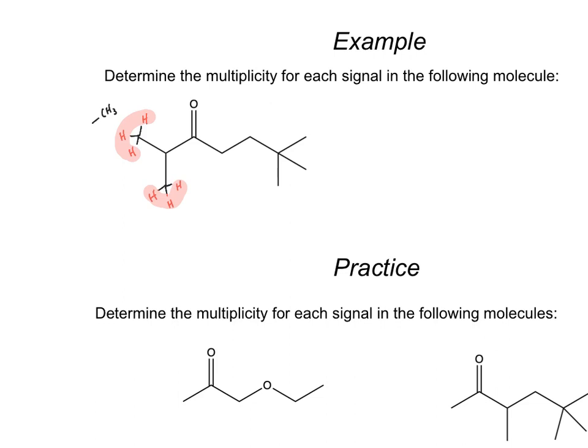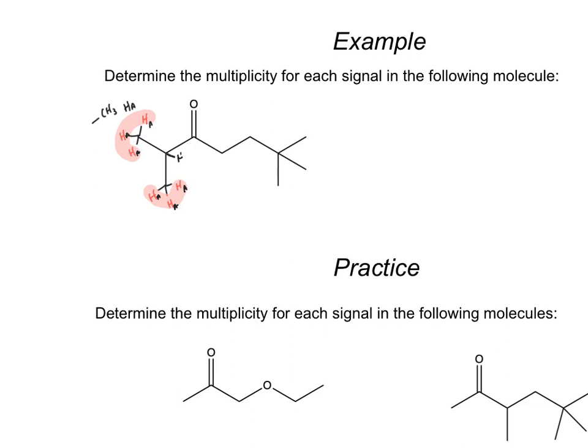If it rotated, we wouldn't be able to tell the difference between the two. They're in the exact same chemical environment, so all of these are equivalent. We'll call this signal HA, and all these can be little a's, etc.